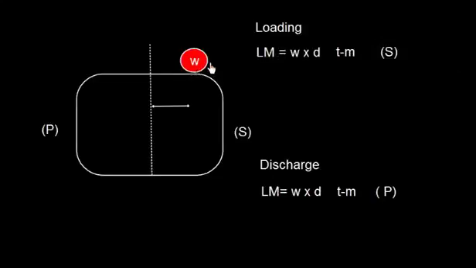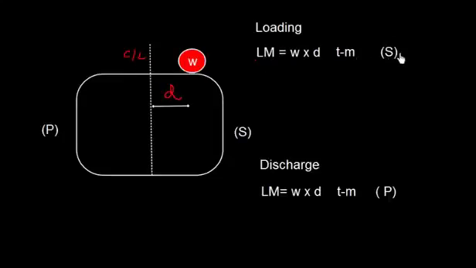Now let us consider the list moment. Well, suppose this is weight W and its distance is D. If we load this weight W here like this and its distance is D, the horizontal distance I'm considering, the list moment is going to be W into D, and this is the center line.